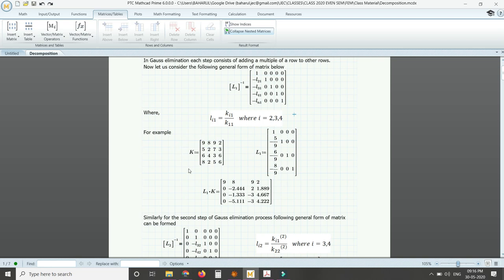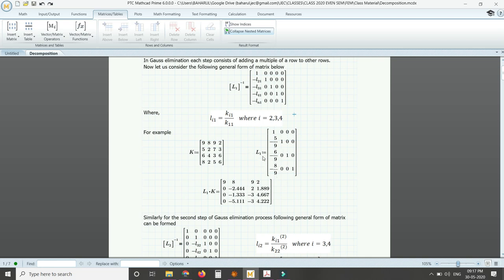Suppose from the previous example we have taken the same K, and here this L1 inverse I can write as L1, and these are the values of the coefficients. Here I should write L21, so I will write 5 by 9. Then L31 will be 6 by 9 from this equation, then minus 8 by 9, and others are 1. The minuses are there, so minus 5 by 9, minus 6 by 9, minus 8 by 9.